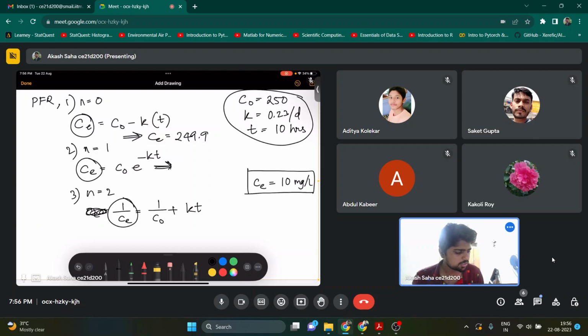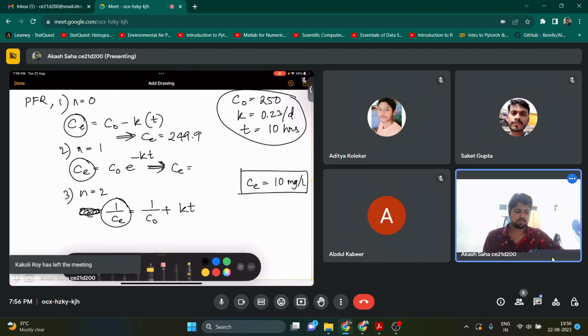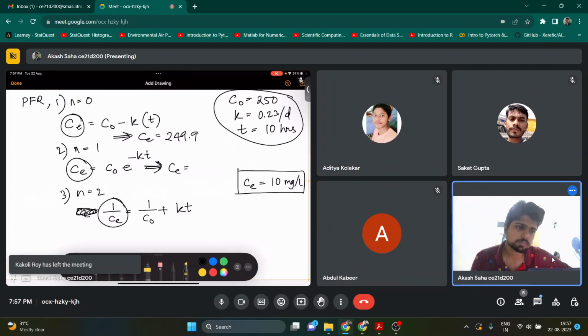Now try for first order reaction. See what is the C in the first order reaction. Tell me fast how much. It's a simple calculation.